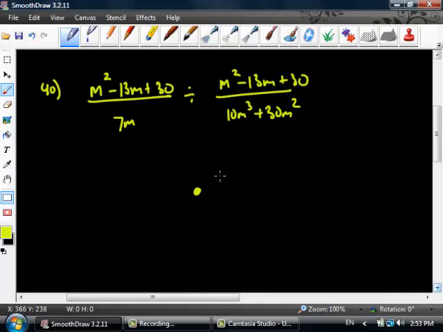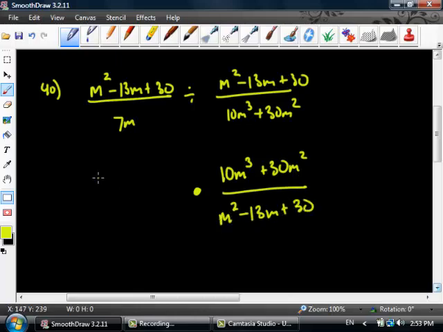So I'm going to flip the second one. That is 10m to the third plus 30m squared over m squared minus 13m plus 30. And up top here, I've got an m squared minus 13m plus 30 over 7m. Right off the bat, those can go away. I don't even have to factor them. Notice how they're exactly the same thing.